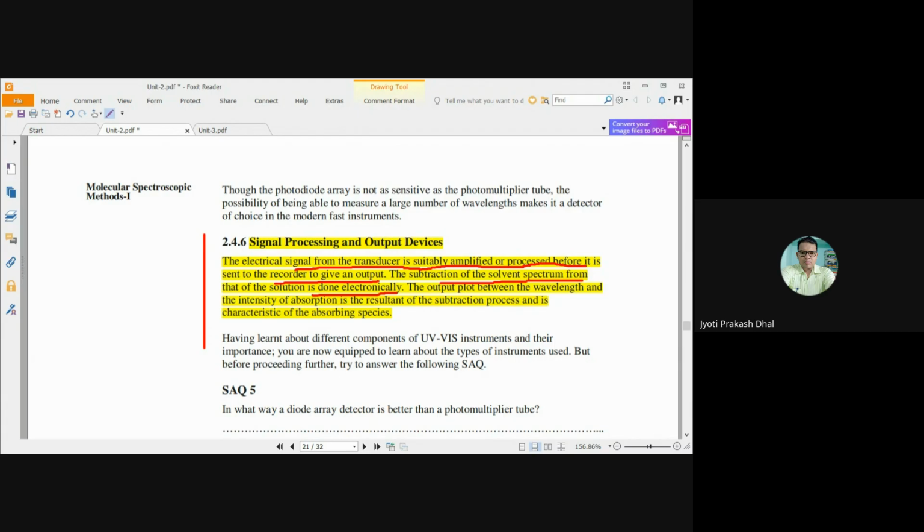After that, you add the sample, the analyte, within that solvent, which forms a solution. When we measure the UV visible spectrum of the solution, it will electronically subtract the spectrum of the solvent. That gives the UV visible spectrum of only the absorbing species.